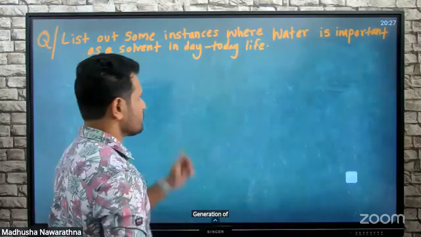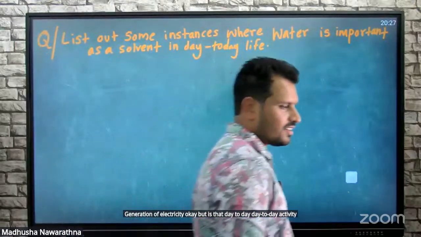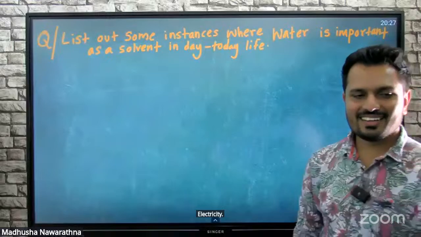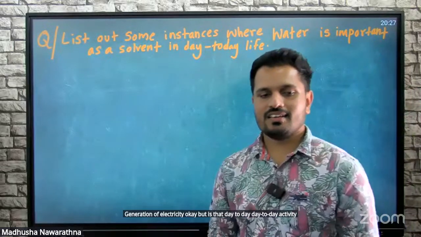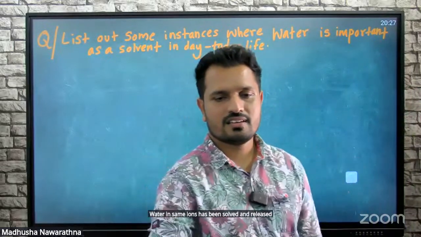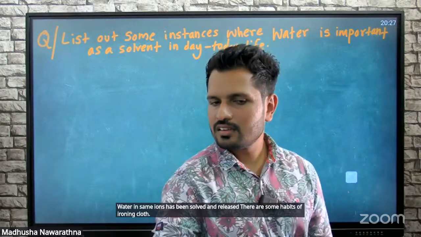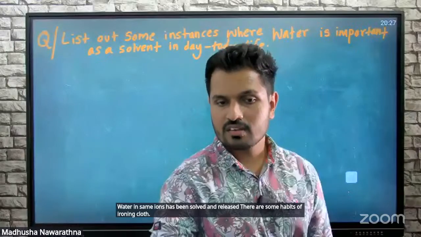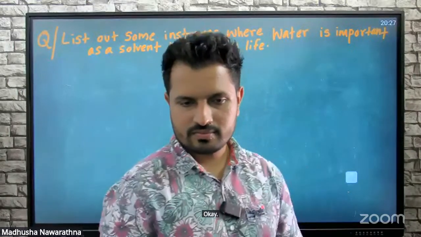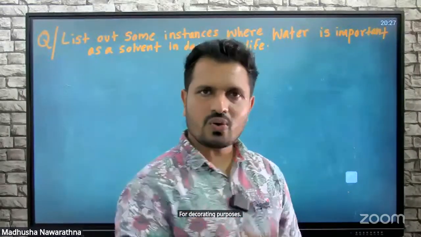Okay, but is that a day-to-day activity? Water in steam irons helps dissolve and release wrinkles from fabrics when ironing clothes. Okay. Colored water for decorating purposes. Yes, very good, guys.